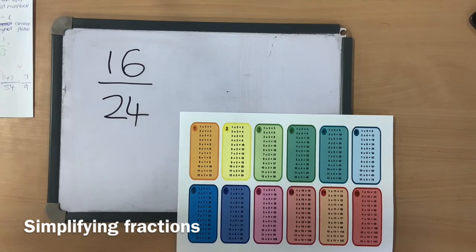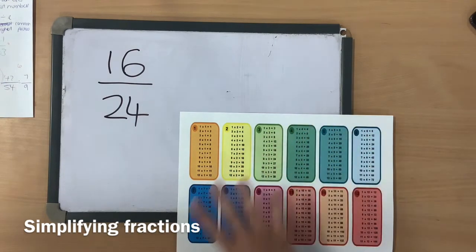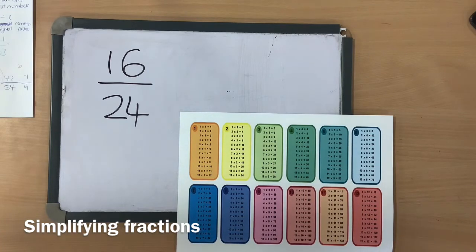However, if you're not feeling overly secure with them, it would be useful to have a times table grid, one similar to this or one similar to the one in the back of your homework diary. If you don't have access to your homework diary, you can find a times table grid very quickly just by Googling one.